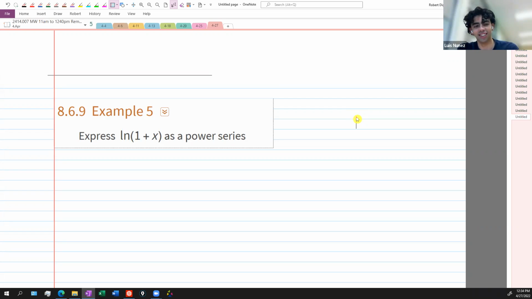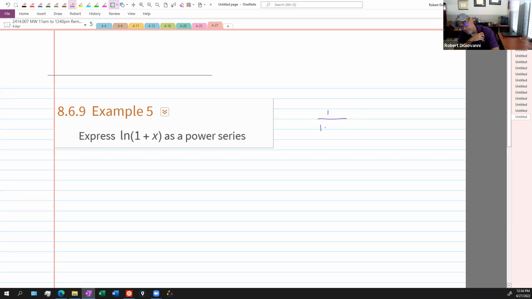I got you. Well, what you don't want to do is be sitting in a physics class and see them do this. Let me see, what would this turn into? This right here is the same as 1 over 1 minus negative x cubed, right?